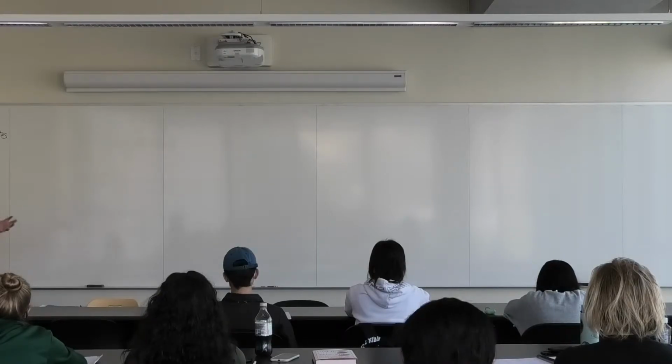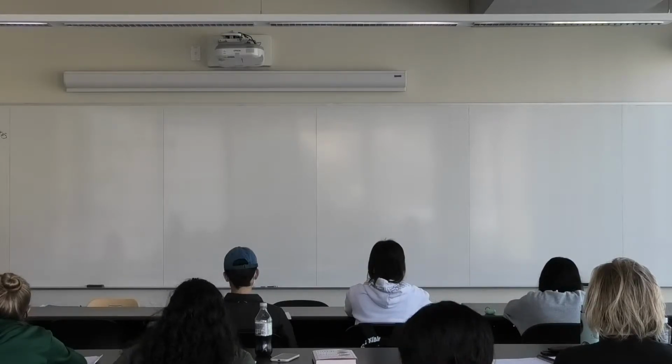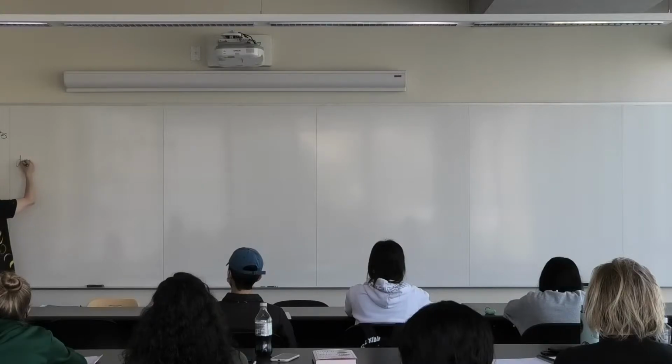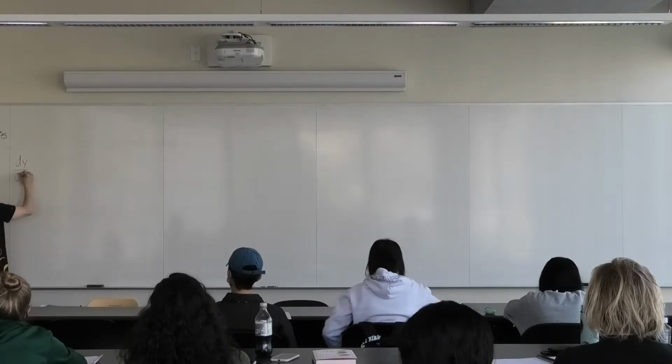You're going to need some special knowledge outside of calculus that you should have, but they all have a very similar structure. The structure is we're going to use the chain rule.